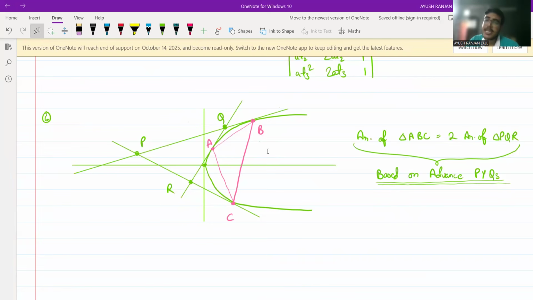And this question has come in PYQ of advanced. So these are the topics which are basically used in advanced, not in mains.